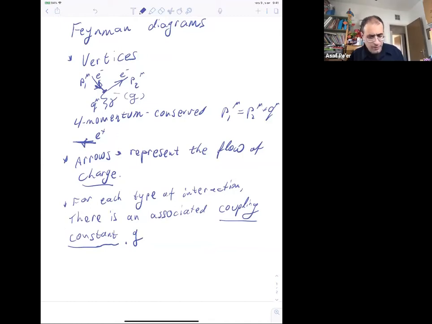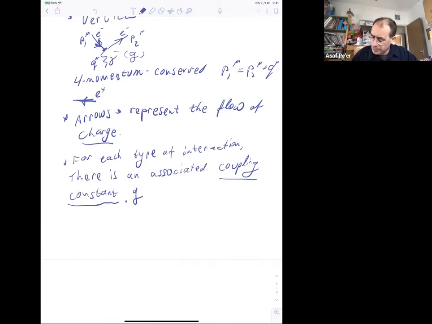So we said that a physical process, such as scattering or annihilation, is represented by an exchange of virtual particles, right? So for example, a scattering process would be represented by an exchange. If it's an electromagnetic scattering, it will be represented by an exchange of a virtual particle.